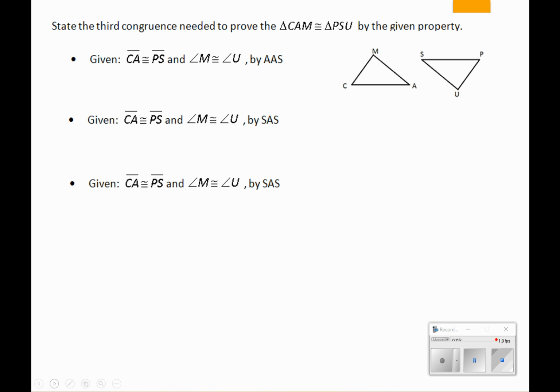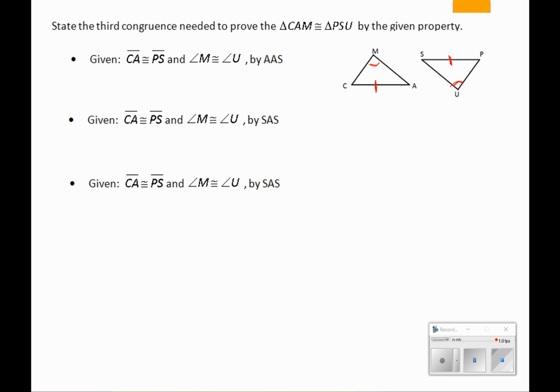So now we want to state the third congruence needed to prove that triangle CAM is congruent to triangle PSU. These are three separate problems. If I'm given that CA equals PS, and I'm always marking the diagrams, angle M is congruent to angle U, what else do I need to know by angle angle side?